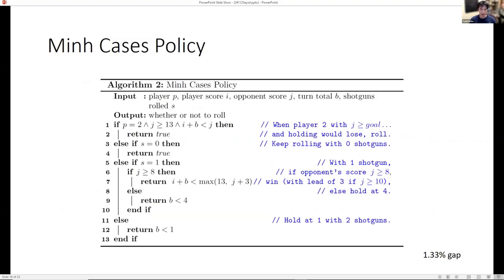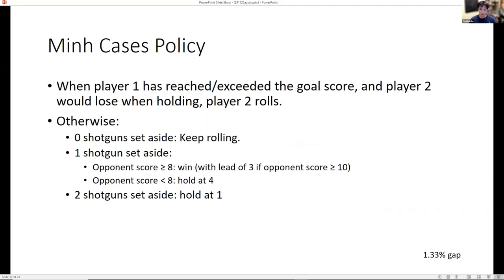Now I want to talk about the one-case policy. In this case, the player performs similarly to the fixed hold policy, except for one case when there's 1 shotgun set aside, which I divide into 2 sub-cases.